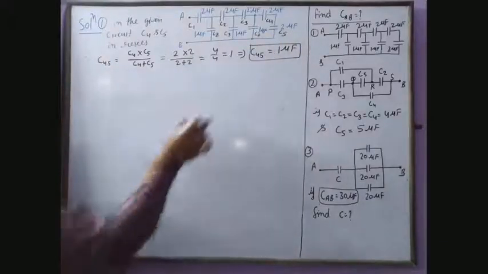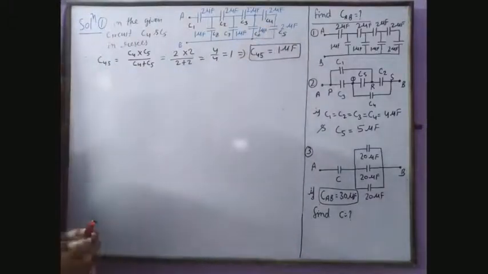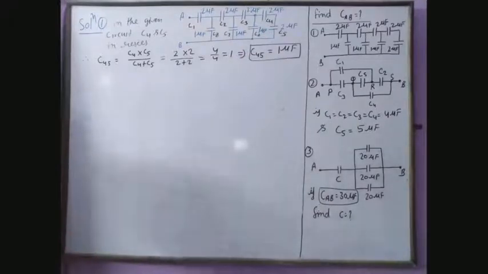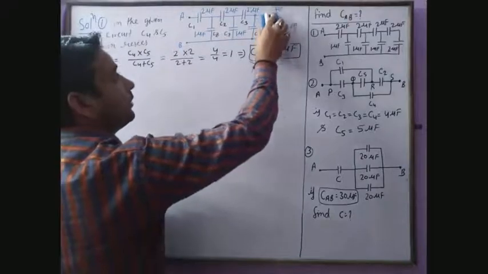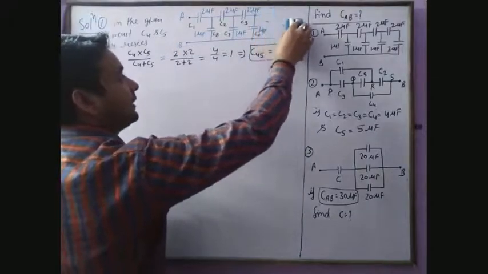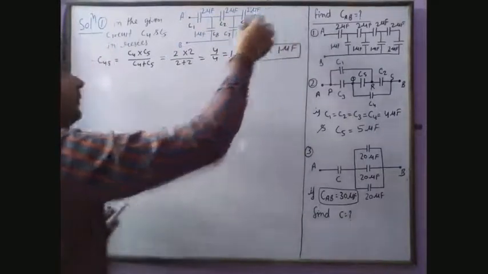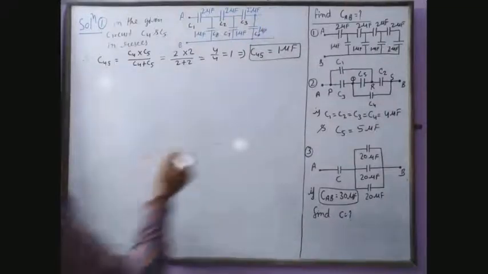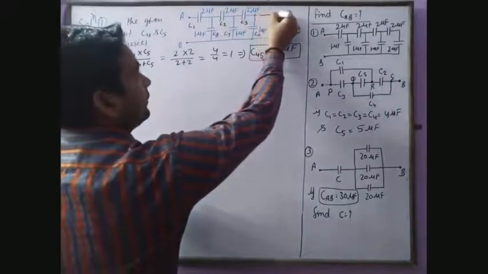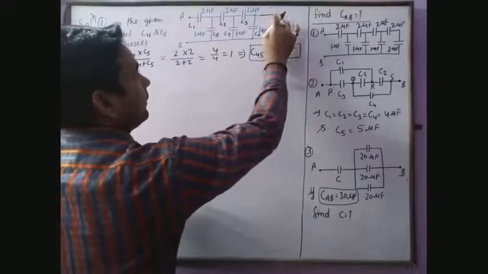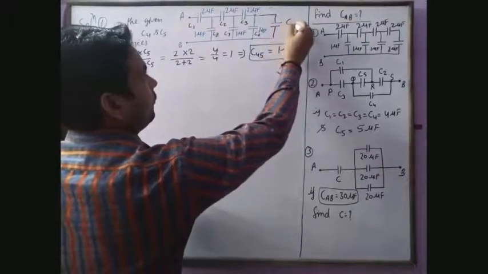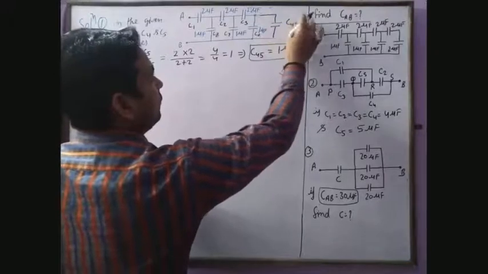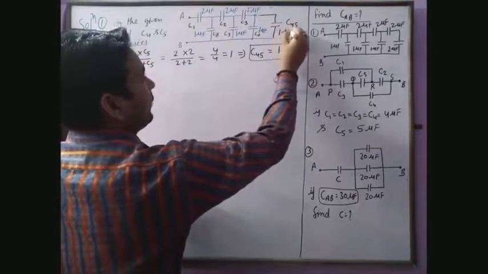Then after that you need to reduce this circuit, as I am showing you. This complete circuit is reduced, and in place of C4 and C5 you will put C45, which is equal to 1 microfarad.